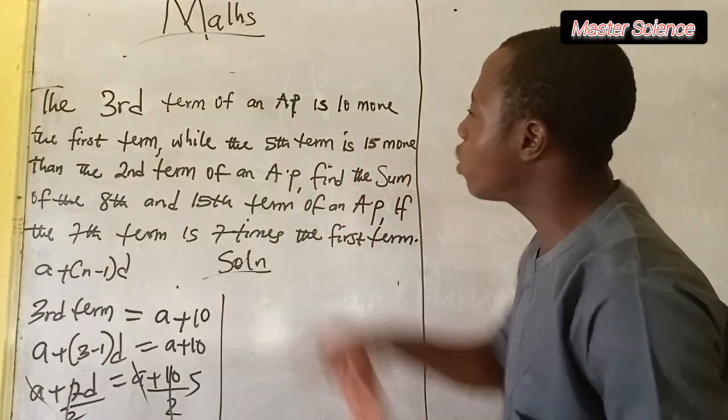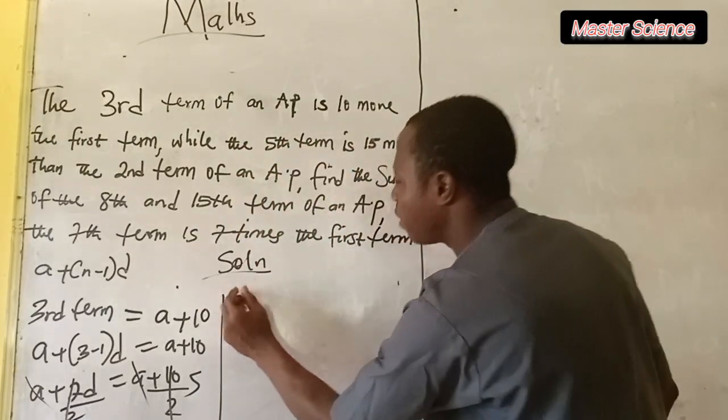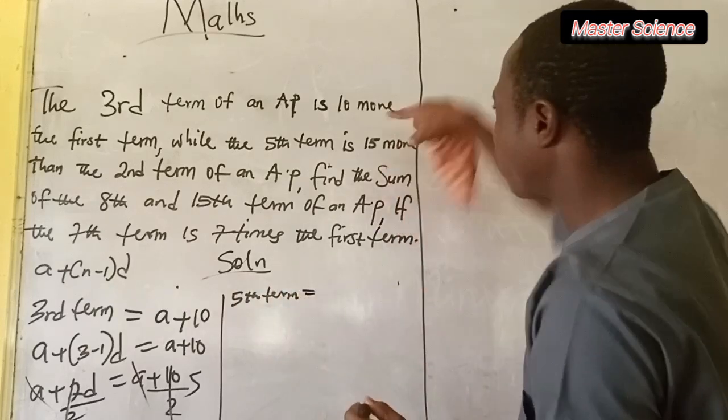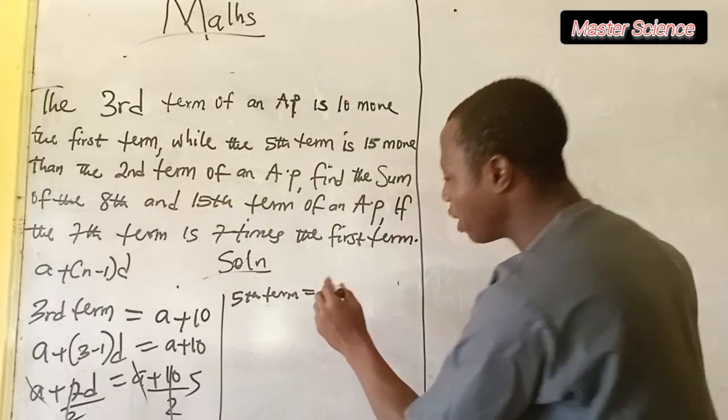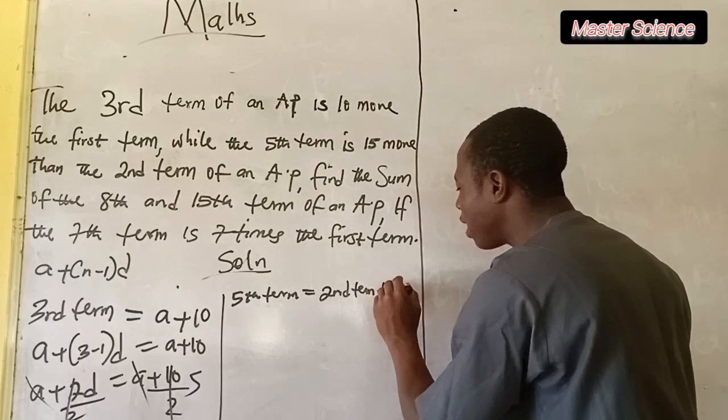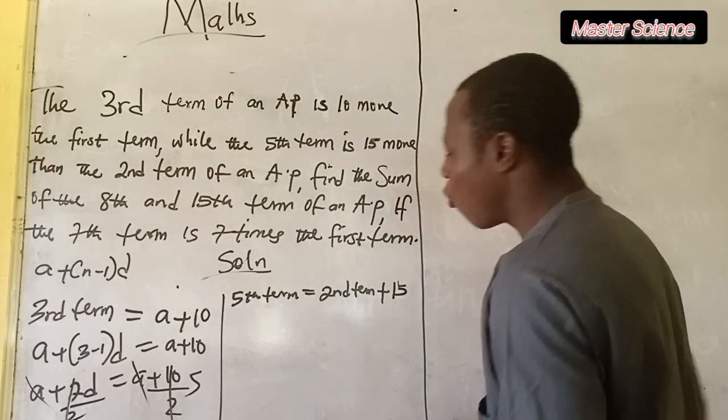Again, the question says the fifth term is 15 more than the second term. That is, the fifth term equals the second term plus 15. What's my fifth term?